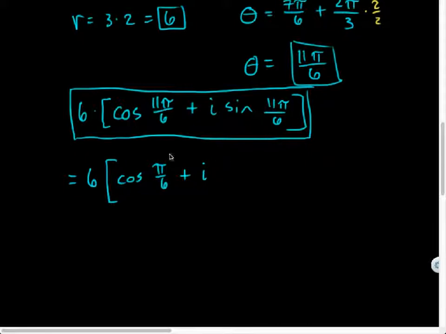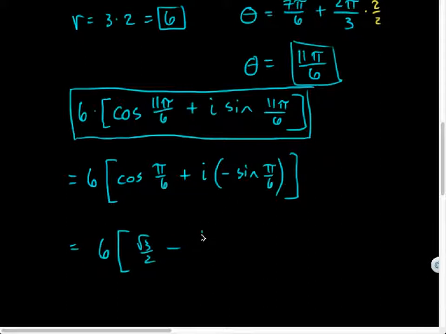The reference angle is still pi over 6, but it's negative in this case, so negative sine of pi over 6. And pi over 6, of course, is exactly 30 degrees. So 6 times cosine of 30 degrees, or pi over 6, is root 3 over 2, minus sine of pi over 6, which is 1/2, times i.